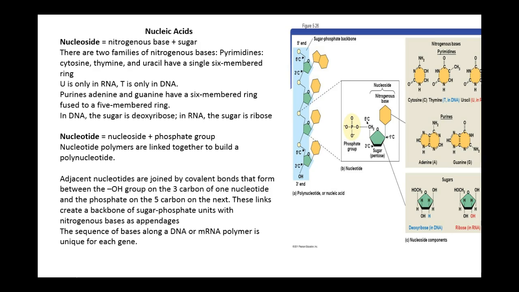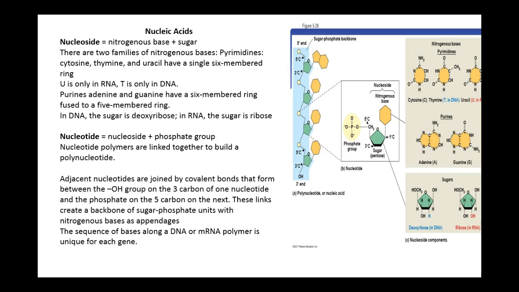Remember, when we say 3-carbon, we're numbering these. You start at the farthest to the right and number clockwise. So you have a 3-carbon on one nucleotide with a 5-carbon on another nucleotide.